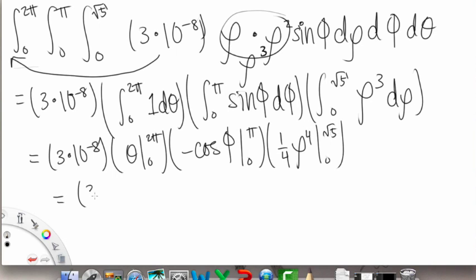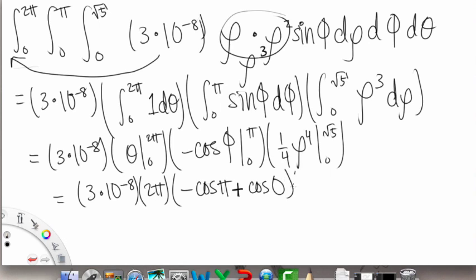All right, and we'll just continue here. 3 times 10 to the negative 8th. And this is 2 pi minus 0, which is just 2 pi. Then we have minus cosine pi minus a minus, so plus, cosine 0. And then at the end we have 1 over 4 and radical 5 to the fourth minus 0.